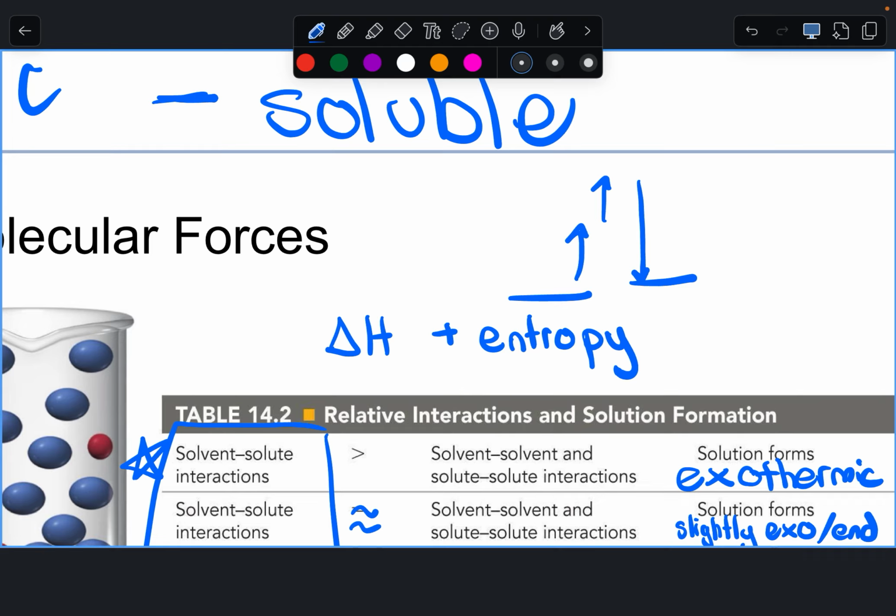So it's kind of weird that we talk about this before we've had the opportunity to talk about entropy. But it is another factor. You don't have to really know anything about it. Just know that it's another factor that affects whether or not a process will happen.